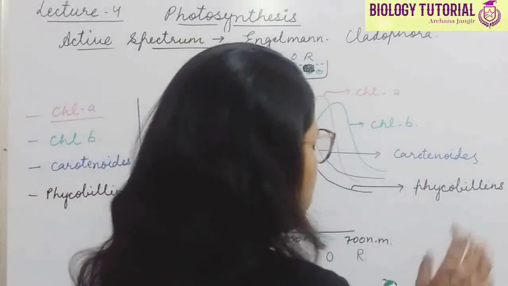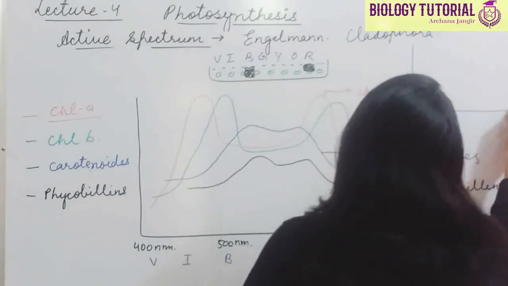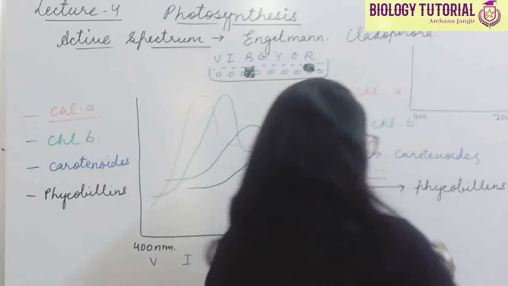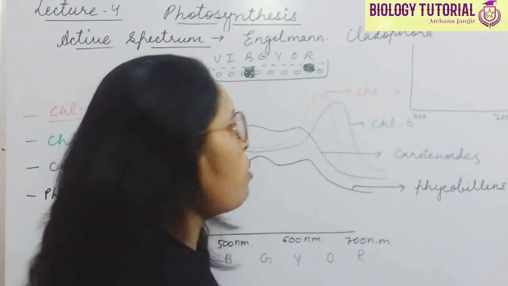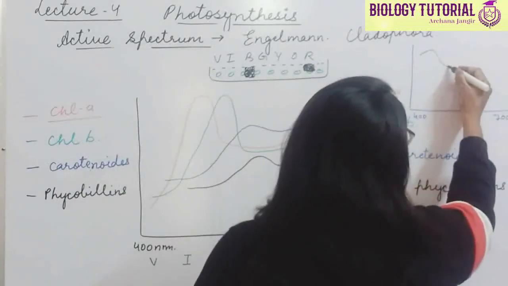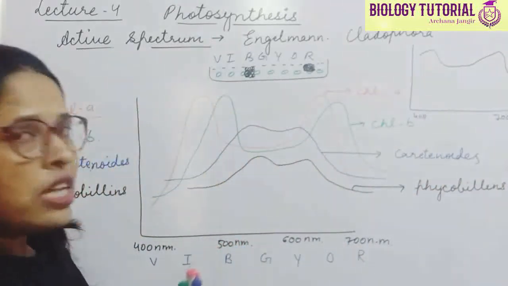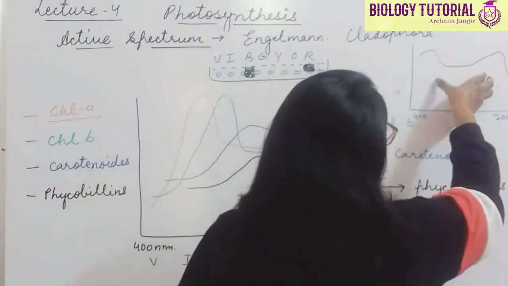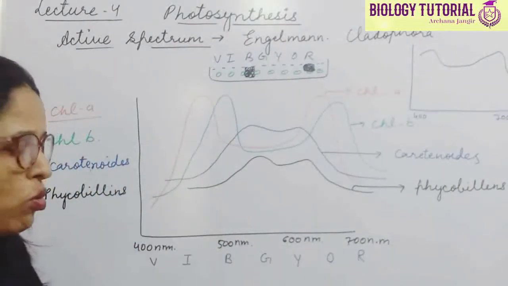The spectrum or the graph which is obtained by this experiment is this graph. Here is 400 nanometer to 700 nanometer, and in this graph one peak is obtained at 500 nanometer and the other peak is at 700 nanometer. When we superimpose this graph on this absorption spectrum, what is going to be absorbed here?